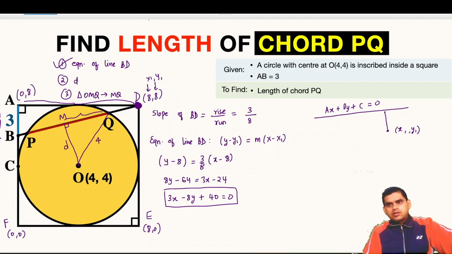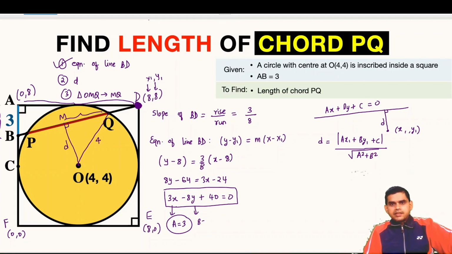We want to drop a perpendicular like this and we want to find this distance D. Then this distance D is equal to modulus of ax1 plus by1 plus c divided by square root of a square plus b square. In our case, this line 3x minus 8y plus 40 is represented by ax plus by plus c equal to 0. So from here a is equal to 3, b is equal to negative 8 and c is equal to 40.